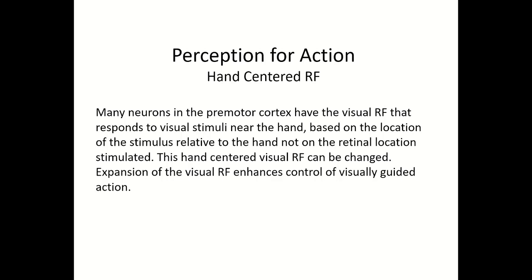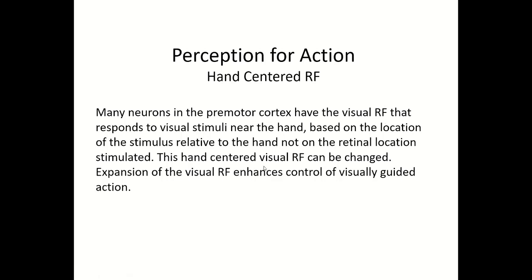Neurons of the premotor cortex in front of the primary motor cortex have a visual receptive field that responds to visual stimuli near the hand. So that visual receptive field is around the hand, and that receptive field size can be changed.